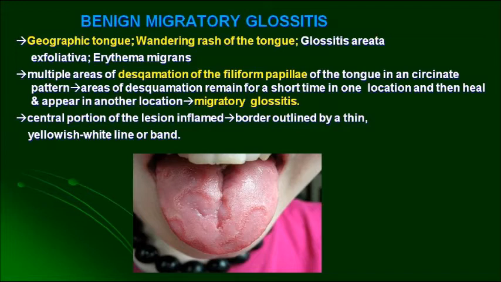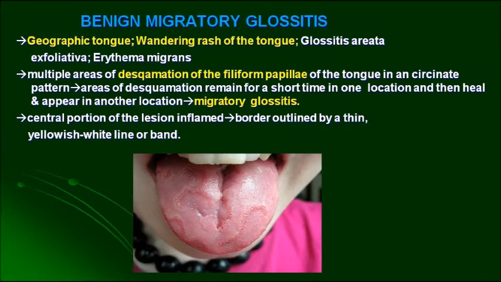It is otherwise known as migratory glossitis. There will be desquamation in one area for a short time, then it will shift to another location, and the previous location will be healing. From the second location it moves to a third, and the second heals.